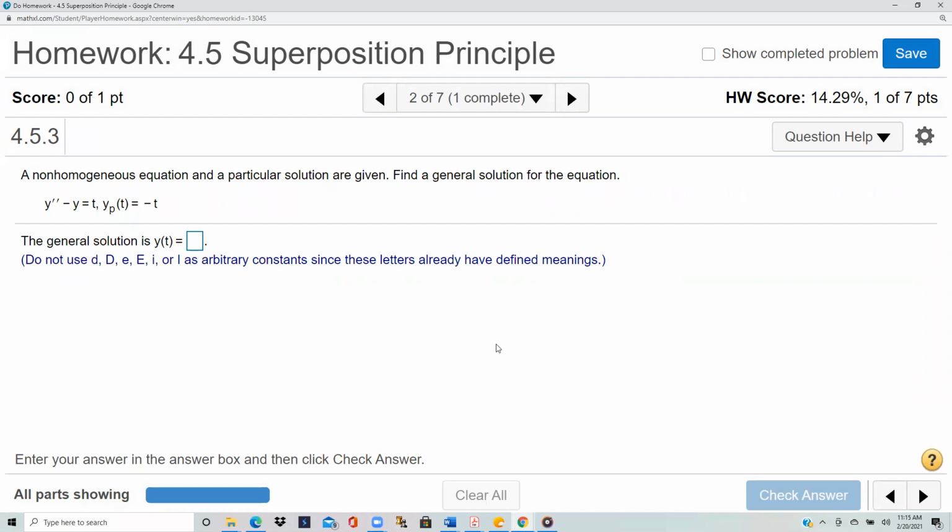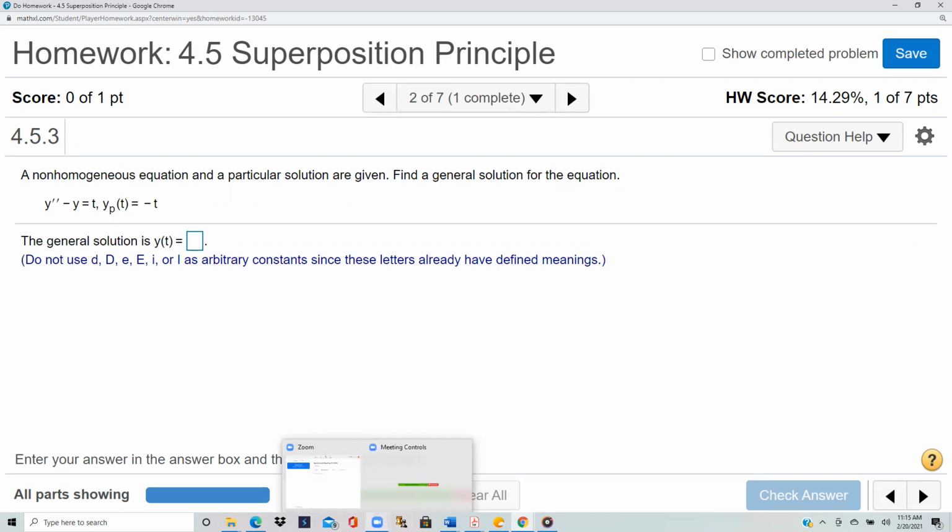Okay, so now let's look at here, a non-homogeneous equation, find a particular solution, find a general solution. So this is a particular solution, y prime t is equal to minus t. So here the idea is very similar to what I talked about at the beginning of section 4.4.